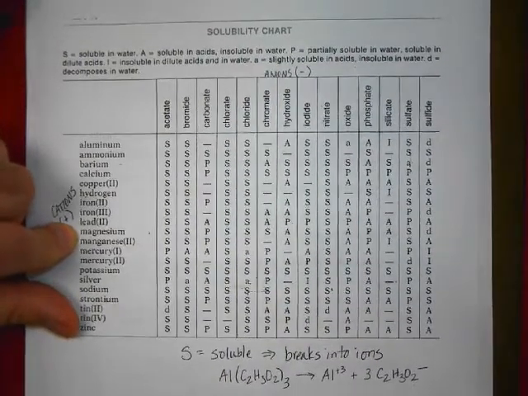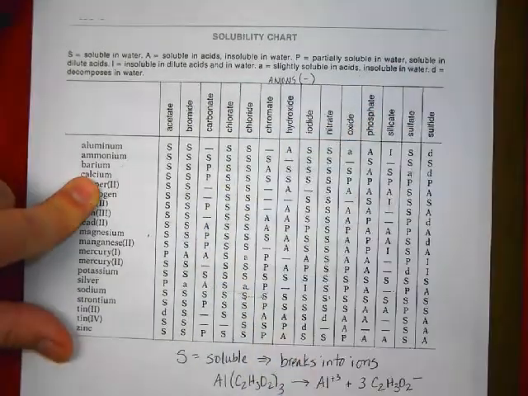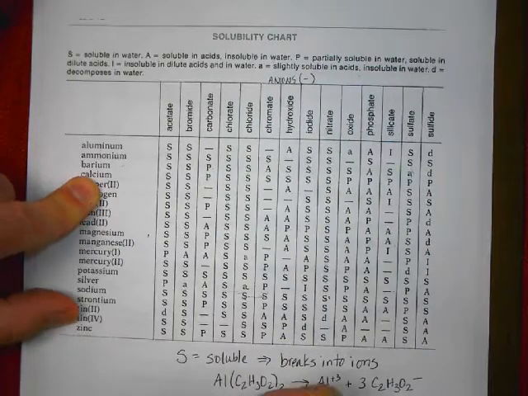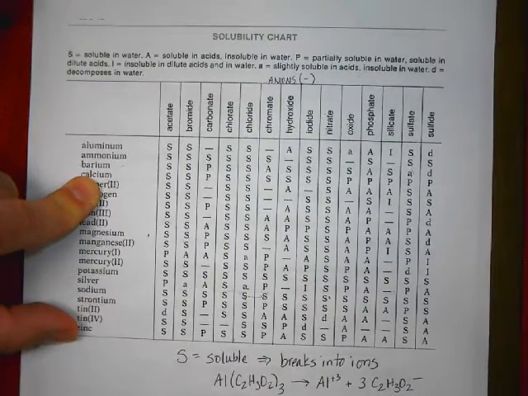If we look at something like barium carbonate, it has a P in it. It's partially soluble in water. Well, for our purposes, anything that is other than S on this table is going to be insoluble. So anything other than S does not break down or break into ions. So an example of that would be barium carbonate, BaCO3.